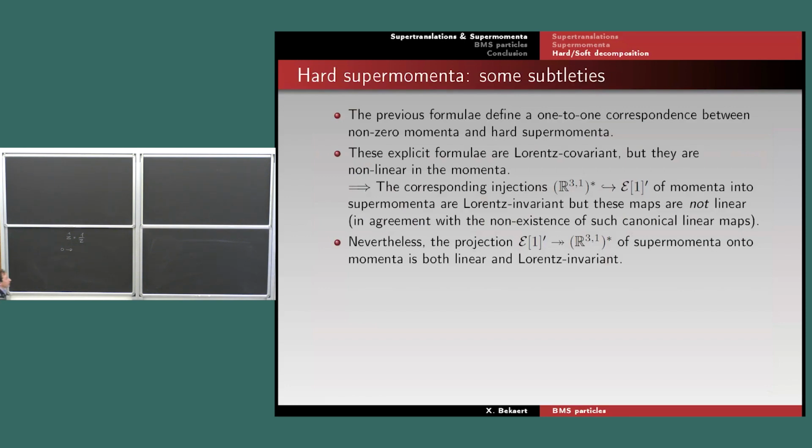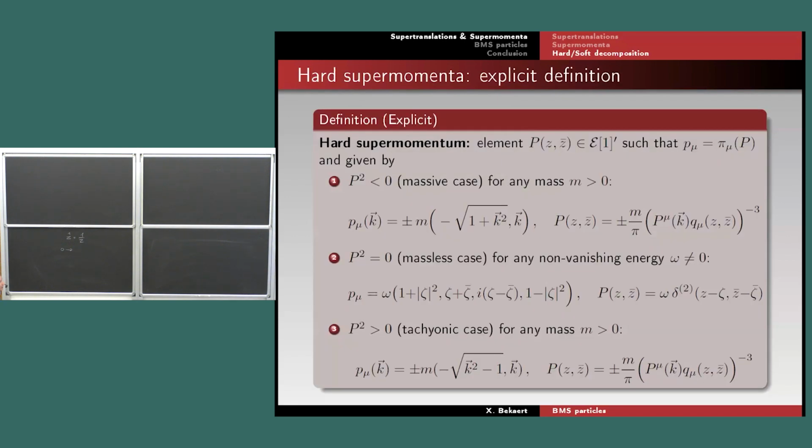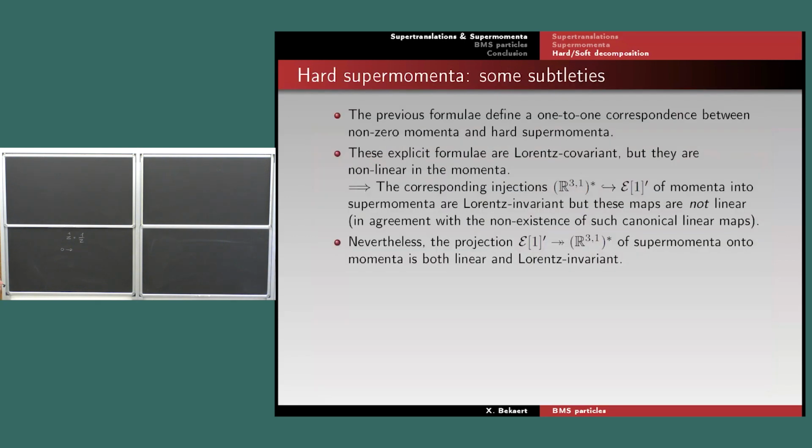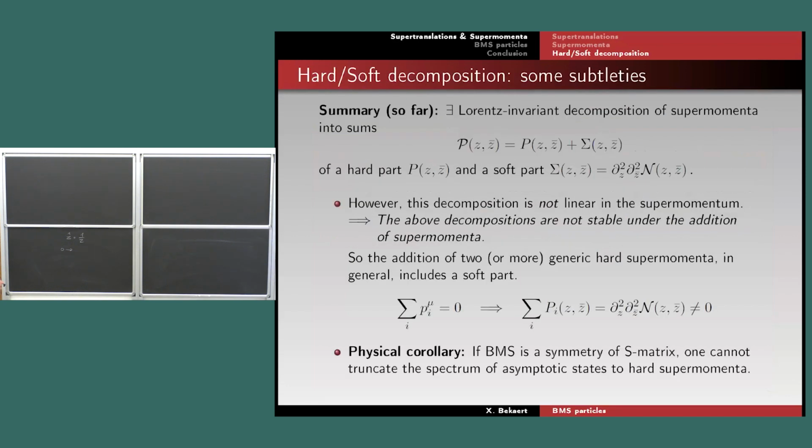Okay, so there is indeed a one-to-one correspondence between momenta and hard supermomenta in this sense. Notice that they are indeed nonlinear. As you can see, it's power minus 3. Let's proceed a little bit. So in summary, we have a decomposition. Something important is that it's not stable under addition, since it's not linear.